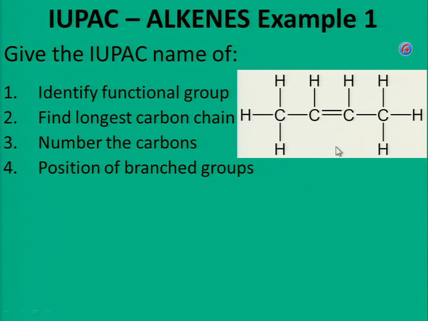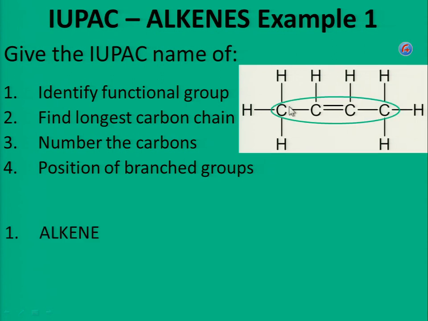For this molecule, identify the functional group. There is a double bond, therefore this molecule must be an alkene. Find the longest carbon chain. Number the carbons and get to the positions of the branched groups. So there's your longest carbon chain with a double bond.